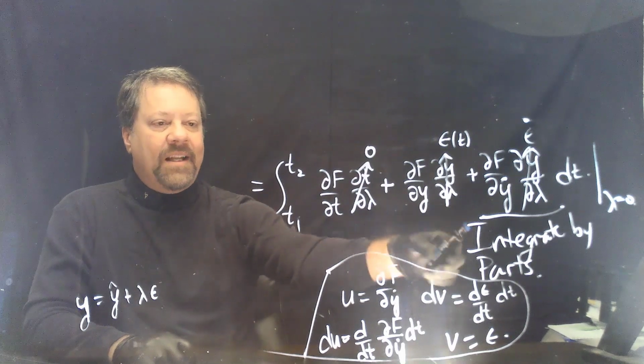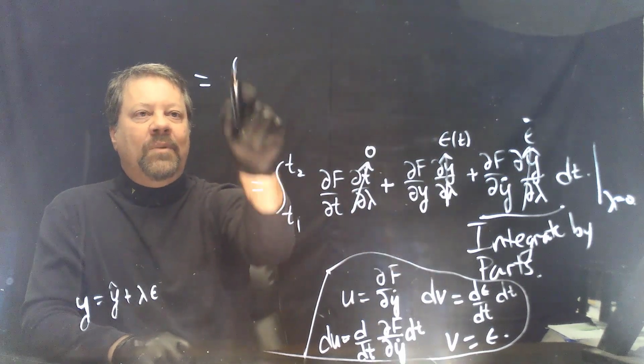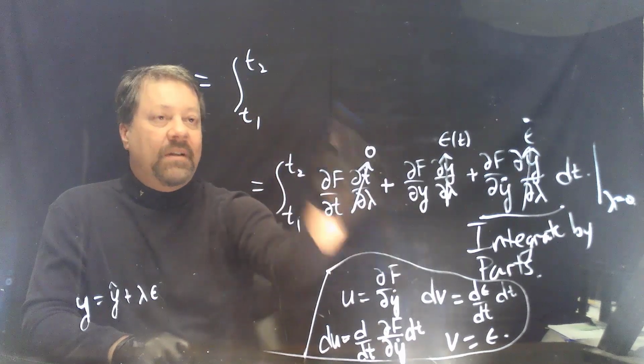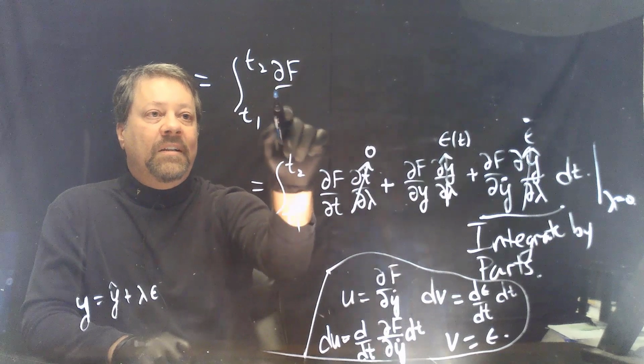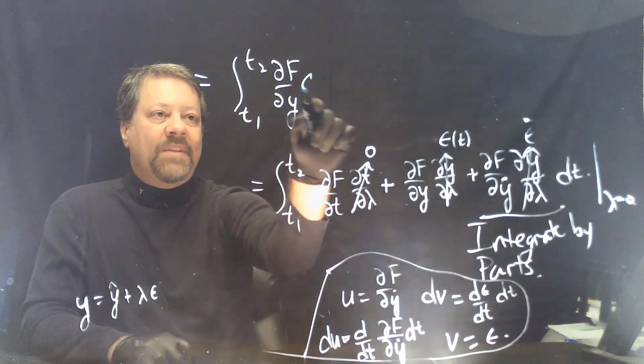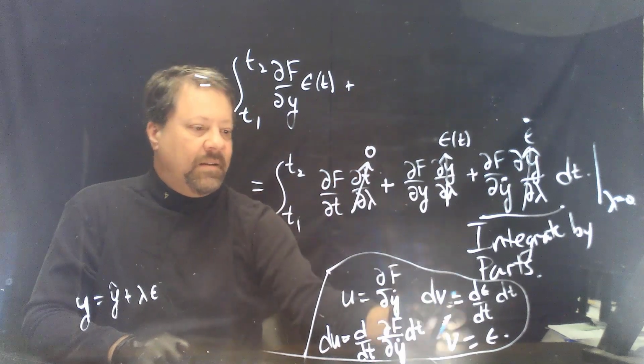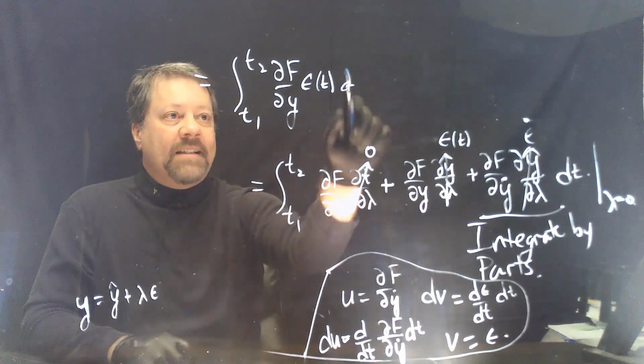Now, with this integration by parts, we'll have the integral from t1 to t2 of df dy times epsilon, and that's times dt.